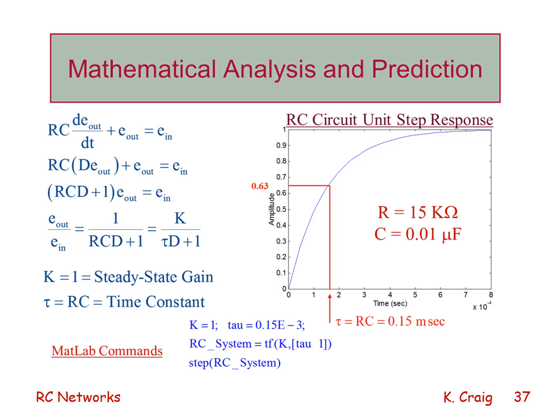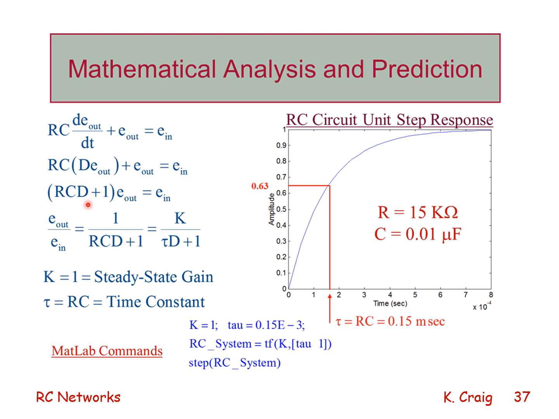So let's look now at the mathematical analysis and prediction for step response and frequency response, focusing on the graphical presentations of the responses. Here's our mathematical model in terms of the differential operator.